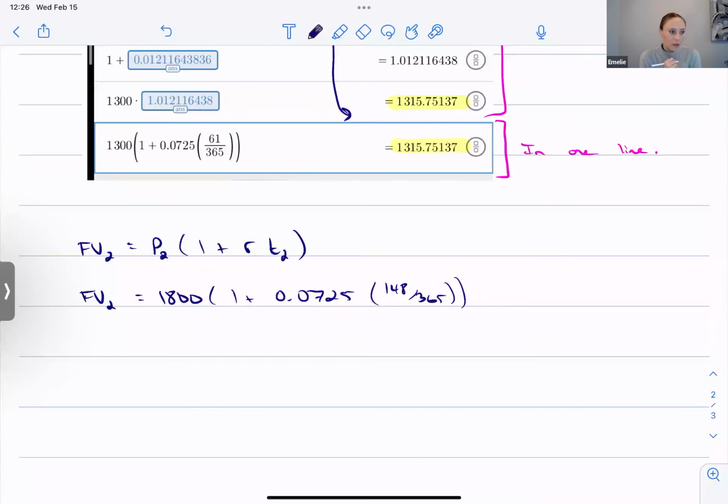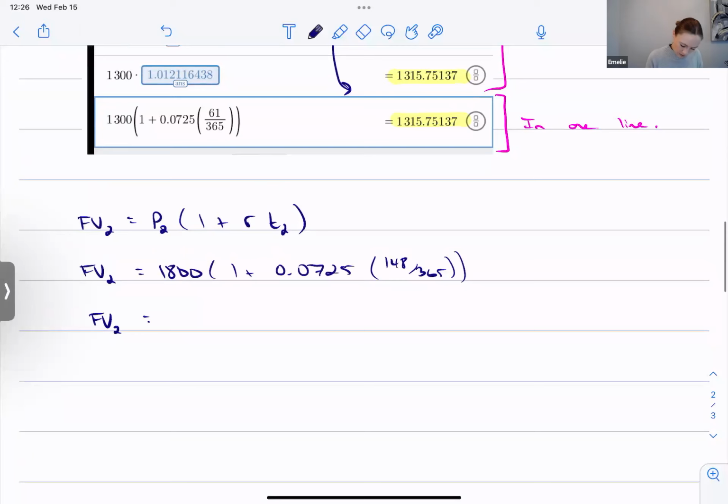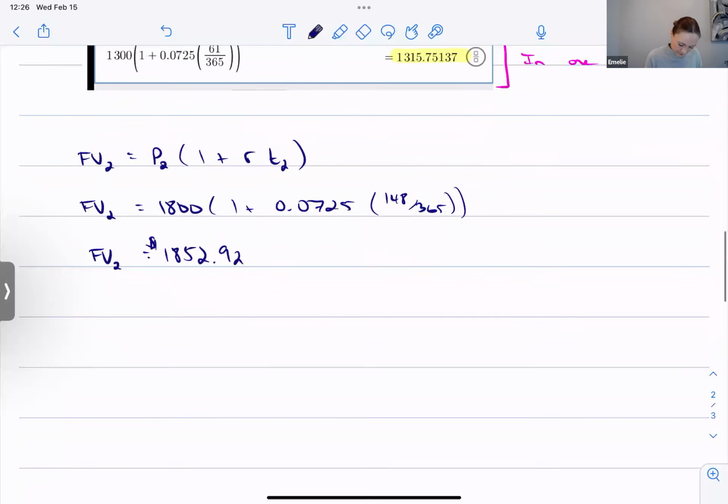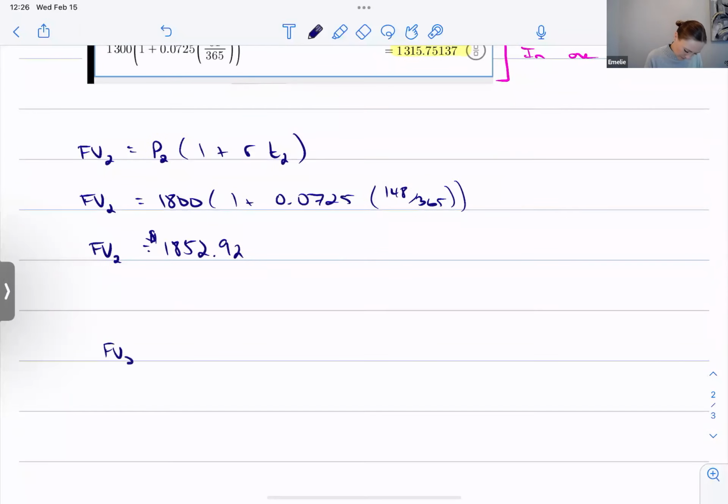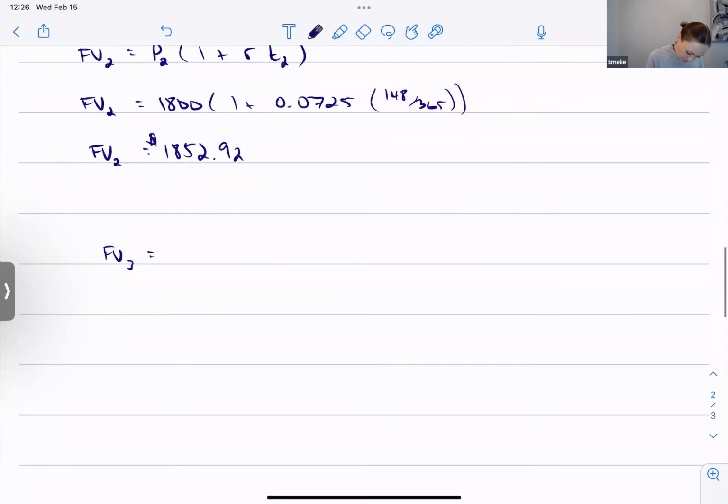I'm going to skip straight to the answer. 1,852.92. Future value 3 is principal amount 3 times 1 plus R times T3.